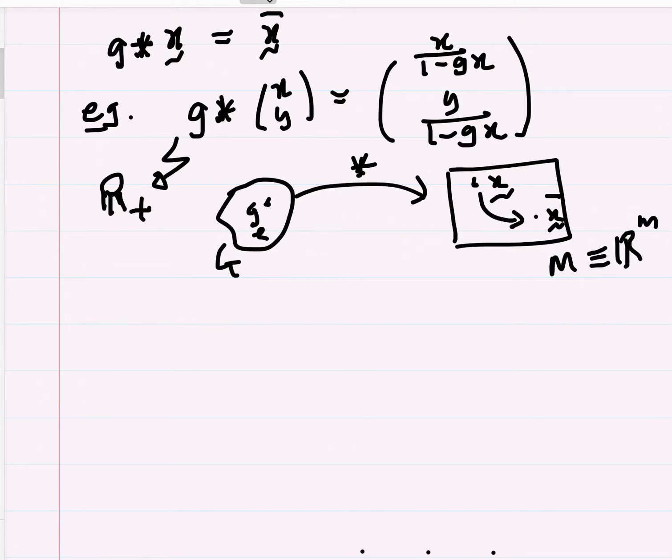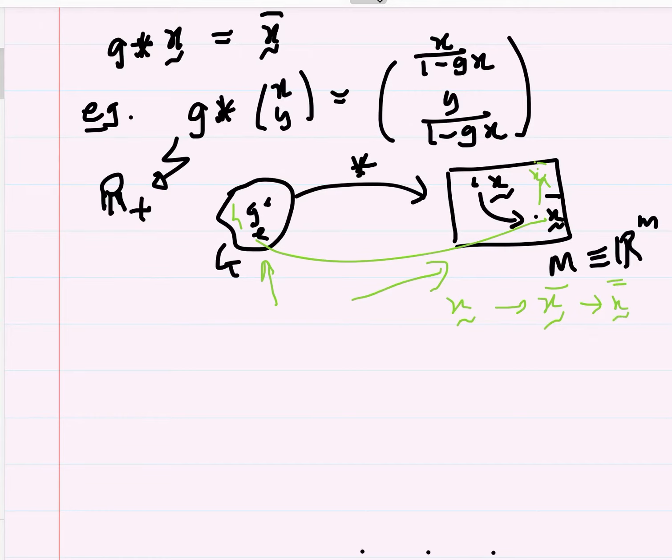And then you might take another element h from the set, and when that acts on x bar, it may give you another point, x double bar, etc. So as the elements of this Lie group act on the elements of the manifold, it transforms from one point on the manifold to another point. As another one acts onto it, you get another point, etc.